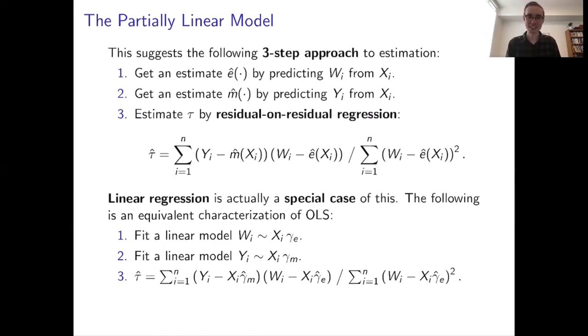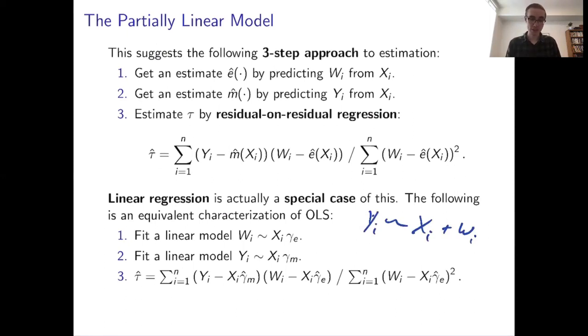I wanted to connect it to an estimator that hopefully is familiar: the standard linear regression estimator for the treatment effect, where you just run linear regression, y_i tilde x_i plus w_i. This is R notation. You predict y as a linear function of x and w, and grab the coefficient of w as your treatment effect estimate.